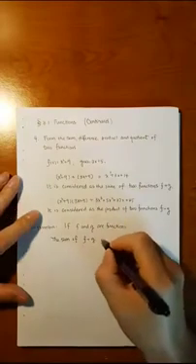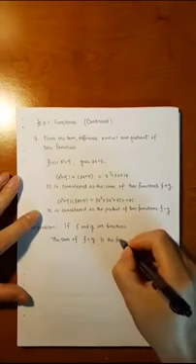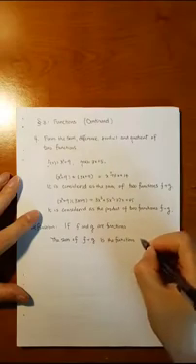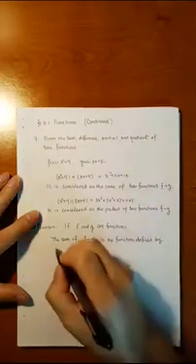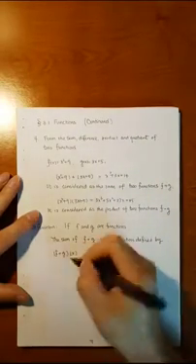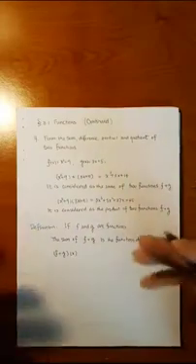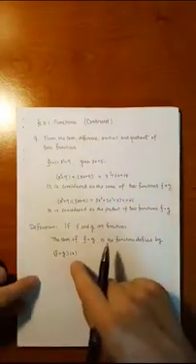The sum f plus g is the function defined by the new function f plus g. Okay, so we have a new function, and then we are going to evaluate the new function at x.